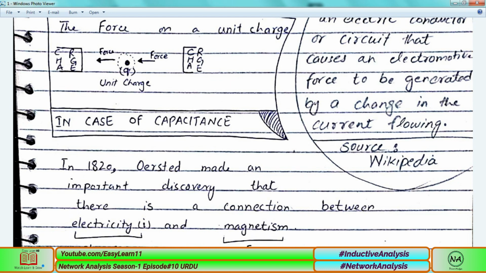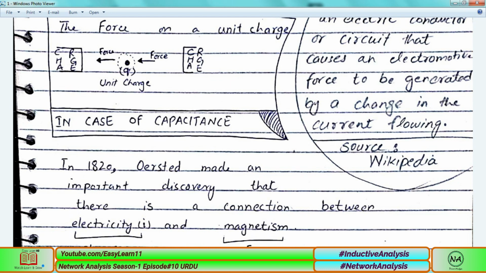He saw his compass, which was in fine condition. He knew all about his apparatus, and before turning on the connections of the circuit, he was performing an experiment in front of the class. By chance he saw the compass deflected from the north-south direction to a new direction when he turned on the circuit.